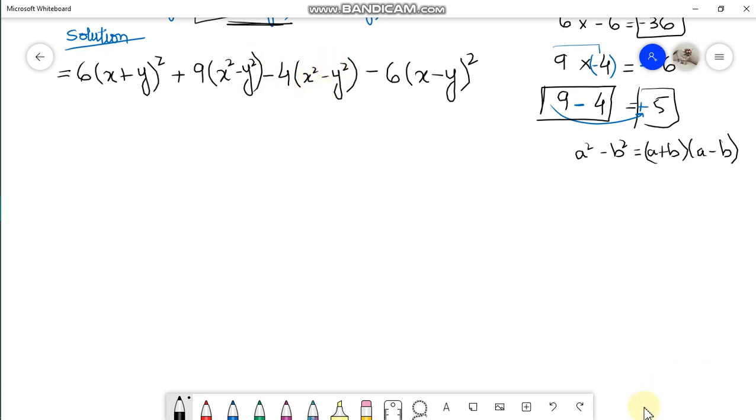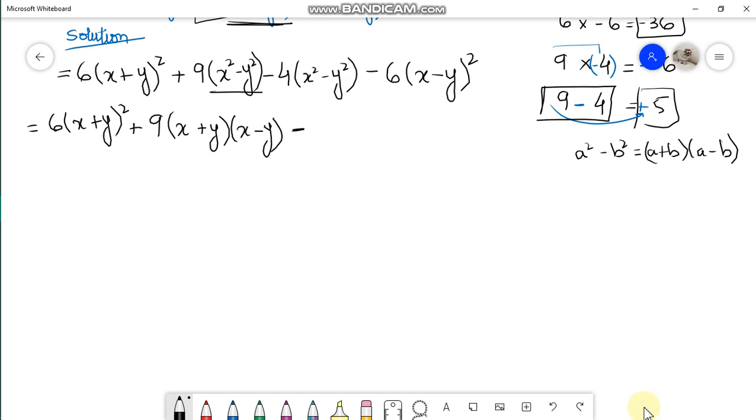So this will become 6 (x plus y). You can perform this step after taking two terms common, and if you want, you can perform it in the same existing step. See this, x square minus y square is replaced with the formula (x plus y)(x minus y).